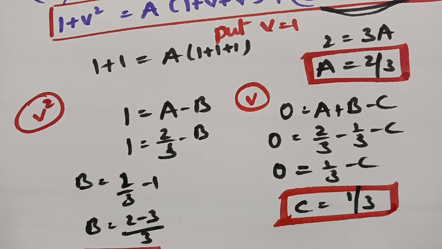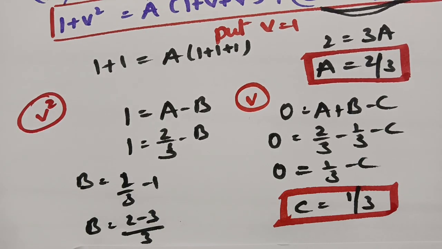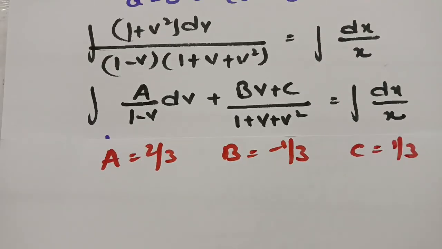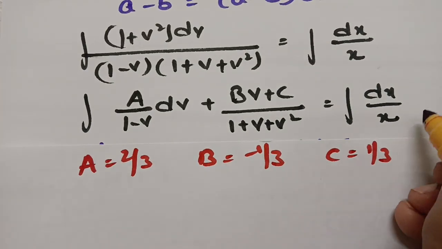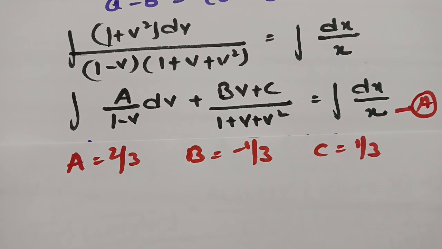After getting all three values, I am going to substitute: A as 2 by 3, B as minus 1 by 3, C as plus 1 by 3. Clear? Now I am going to replace them in the equation. So if I substitute in this equation, see what happens.